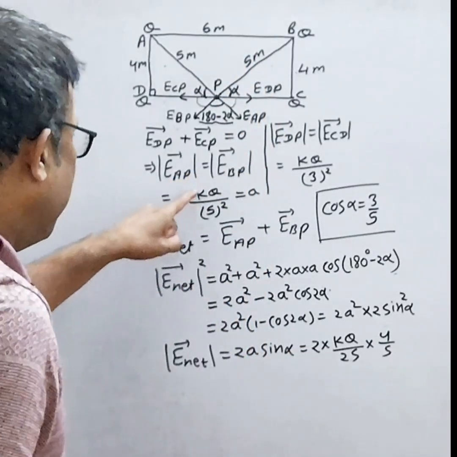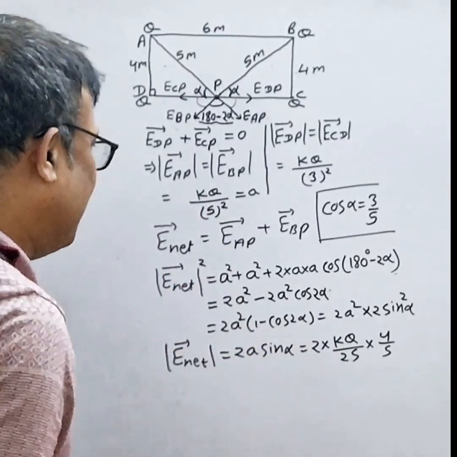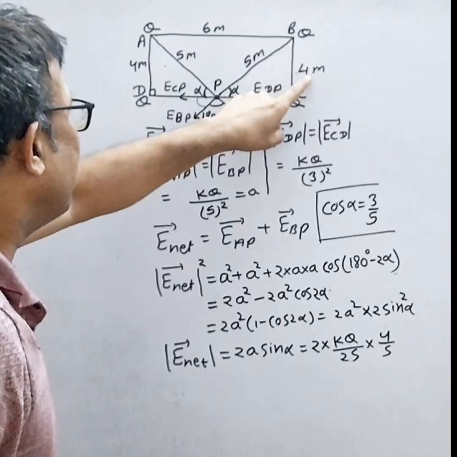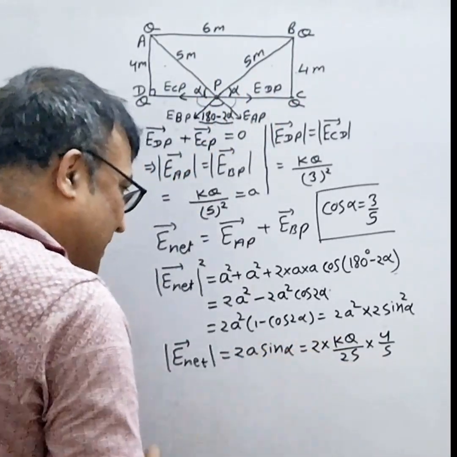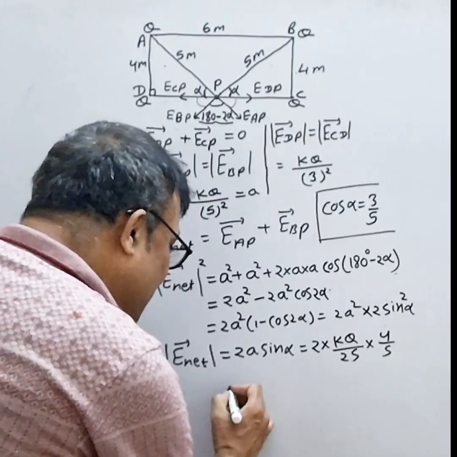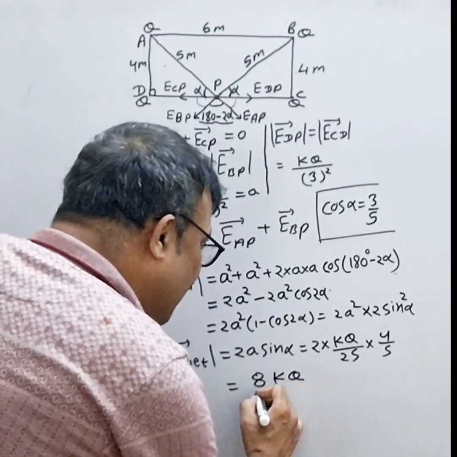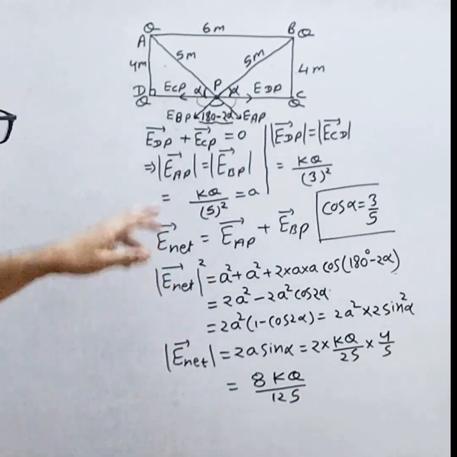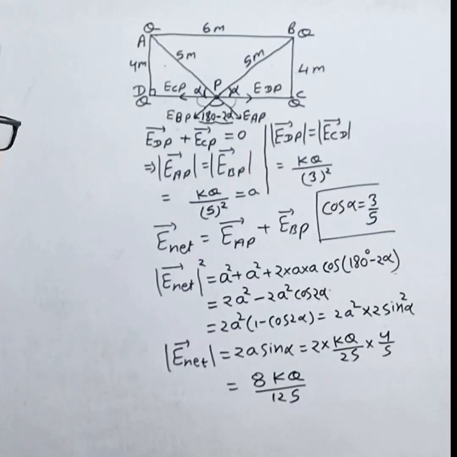The value of A is kq divided by 5 square, that means kq divided by 25, and from here we can find out that sine alpha is 4 by 5. So we put 4 by 5 in place of sine alpha. Now if we solve it, we get the final answer 8kq divided by 125. So the magnitude of electric field at point P is 8kq divided by 125.